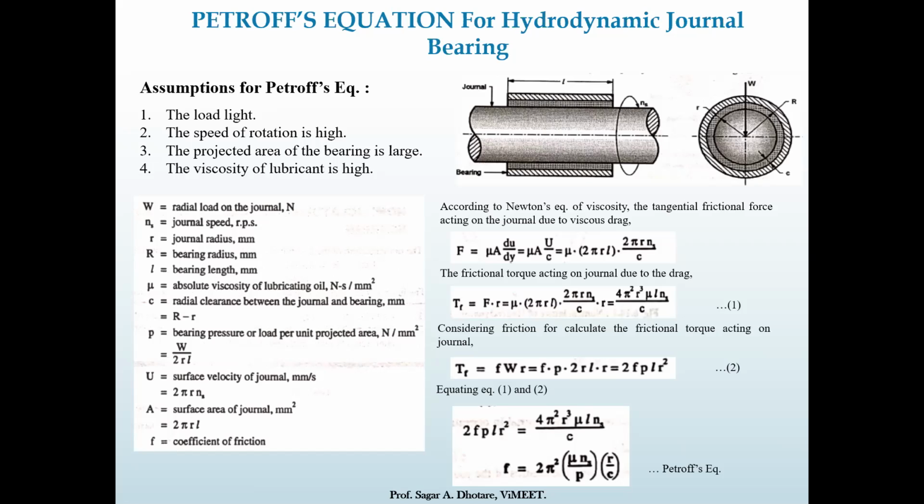Third, the projected area of the bearing is large. Yes, it is a very important point. If the projected area is very small, then the hydrodynamic action generated when the shaft journal rotates, because of the viscous fluid, will not be sufficient to separate the shaft, or you can say journal, and the bearing.